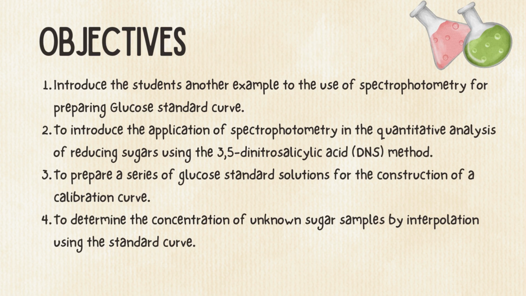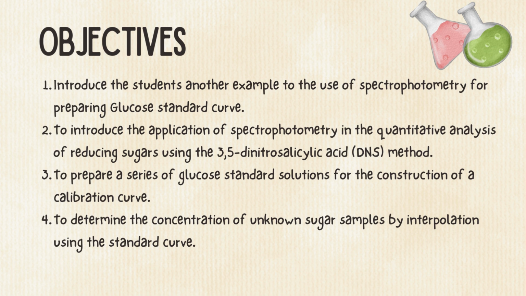In this practical, we have four main objectives. First, to introduce students to the use of spectrophotometry in preparing a glucose standard curve. Second, to demonstrate how spectrophotometry can be used in the quantitative analysis of reducing sugars using the DNS method, or 3,5-dinitrosalicylic acid method.